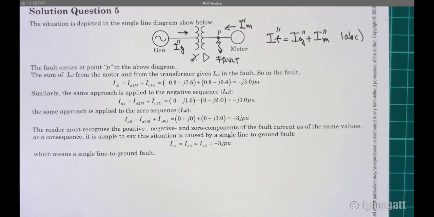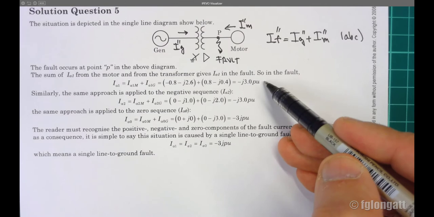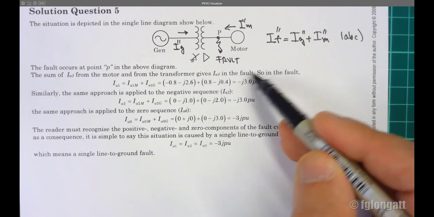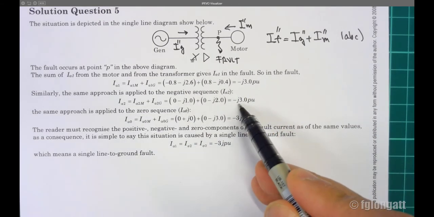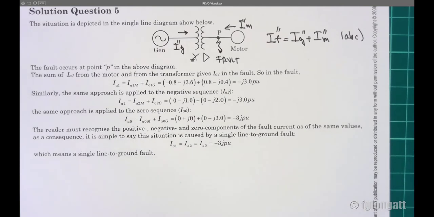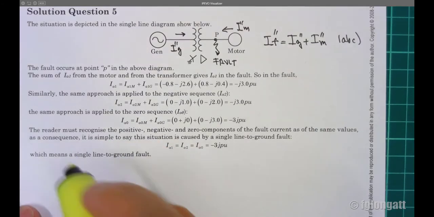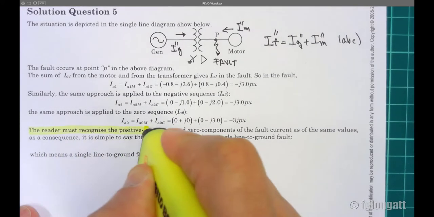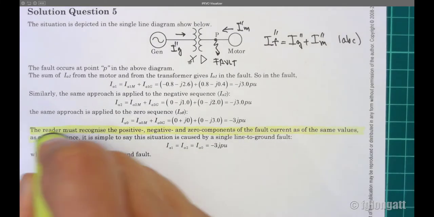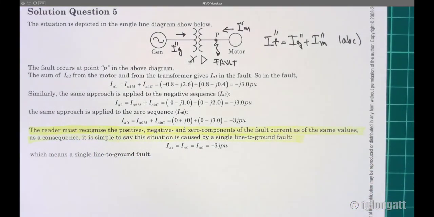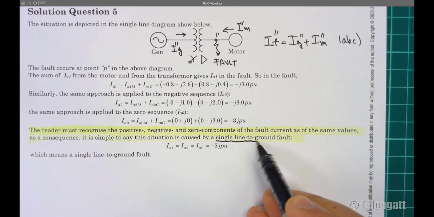And what is the interesting thing here? As you can see, the positive sequence current going to the fault is minus 3j per unit. The negative is the same value, minus 3j, and the zero sequence is minus 3j. Okay? As you must be aware, you must recognize that the only connection that allows you to have positive, negative, and zero sequence with the same value is the single line ground fault.